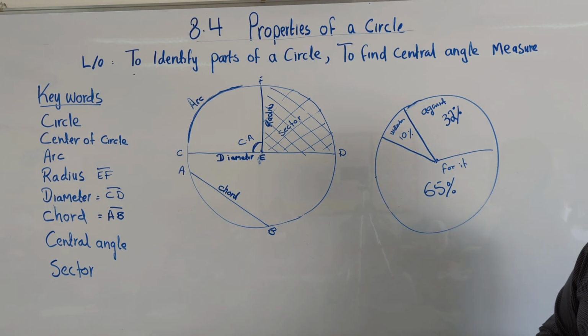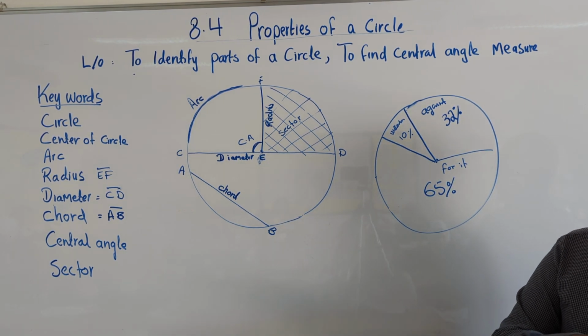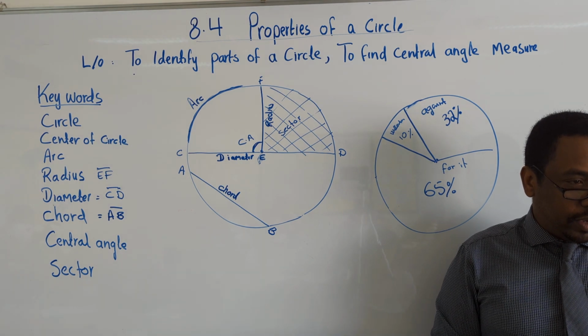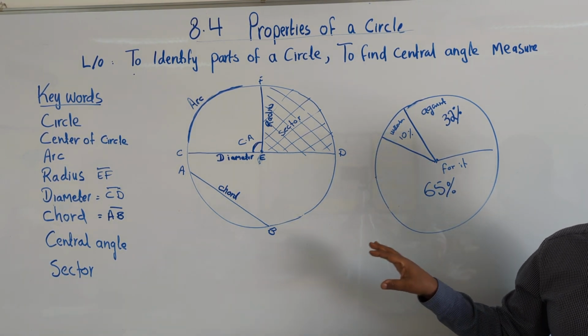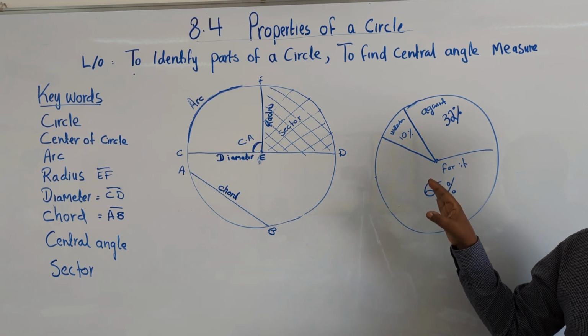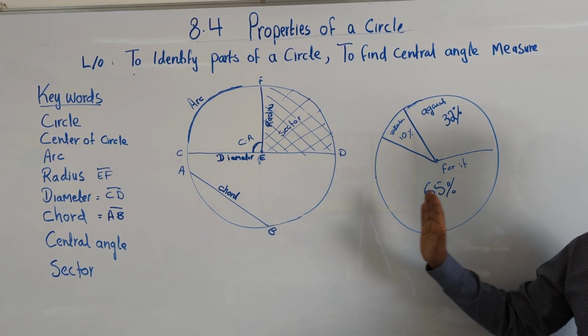So 32 people will say against it. 10% will say we are not really sure. So this is how we use the pie, the circle. It represents each circle of parts.